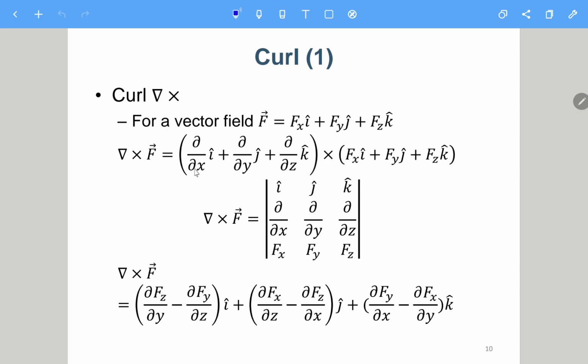For the cross product in Cartesian coordinates, we can just distribute, like what we did before for the multiplication. This term distributes into 3 terms, and altogether we have 9 terms.